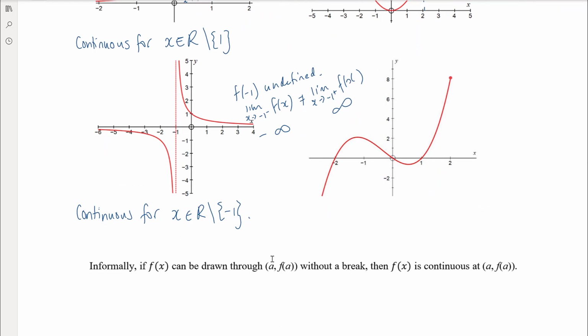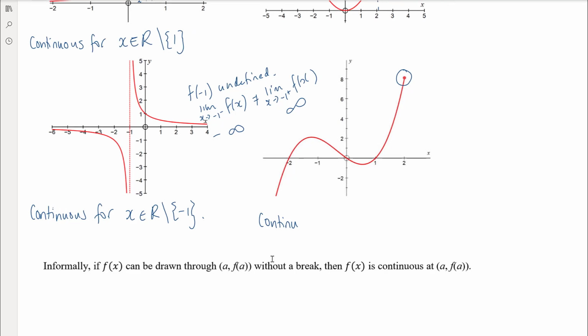Now this one's an interesting one, and here obviously we can draw this graph completely without lifting our pen. The question is, what about here? Can we say that the graph is continuous when x equals 2? We don't have enough information to say that.